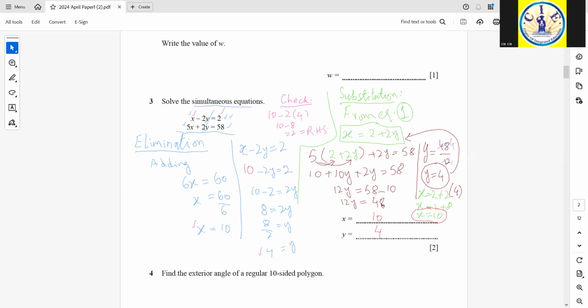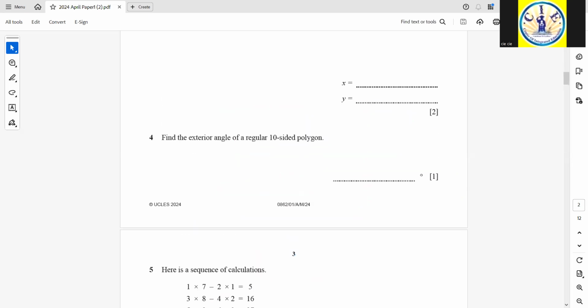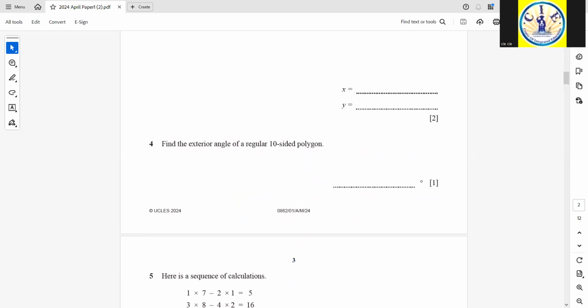Now it's the next question. Find the exterior angle of a regular 10-sided polygon. We know that the sum of interior angles of any polygon is n minus 2 times 180.